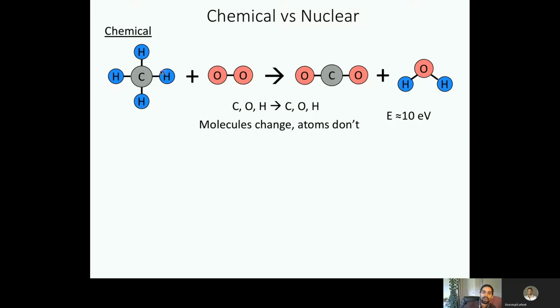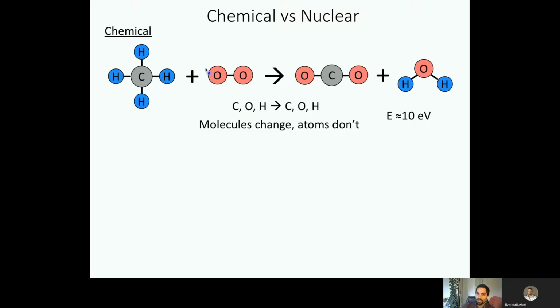So I have here a simple description of a very common chemical reaction, which is the burning of methane. This molecule is methane, natural gas. So we have carbon bonded to 4 atoms of hydrogen through chemical bonds, reacts with a molecule of oxygen, and creates CO2 and water.